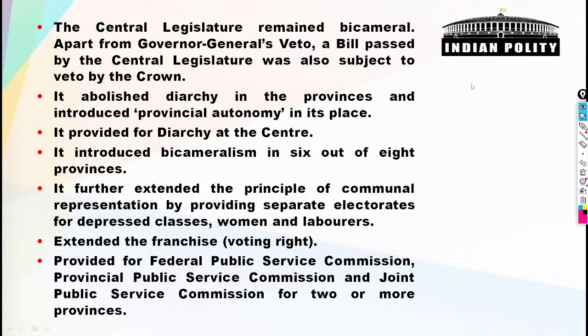It introduced bicameralism in 6 out of 11 provinces at that point of time.